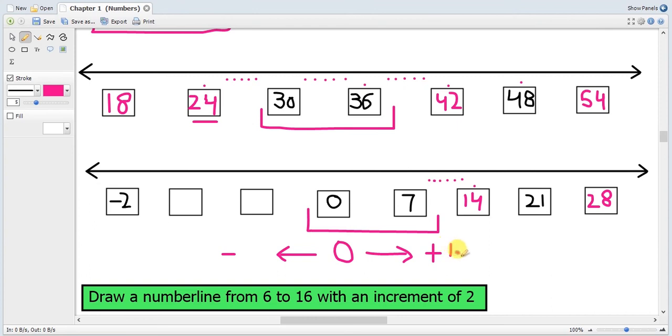So this is positive 1, positive 2, positive 3, and so on. And then here we have 0, and on the left side of 0 we are getting negative 1, negative 2, negative 3, and so on, right? Now the pattern in this question we are following is the skippings of 7.